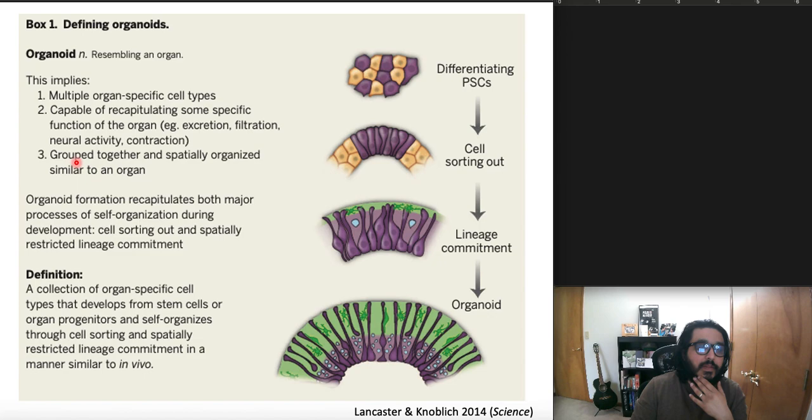And then lastly, they have a specific organization that resembles the organization of the true organ. Again, if you have a kidney organoid, it's not going to look exactly like a 1-pound kidney.